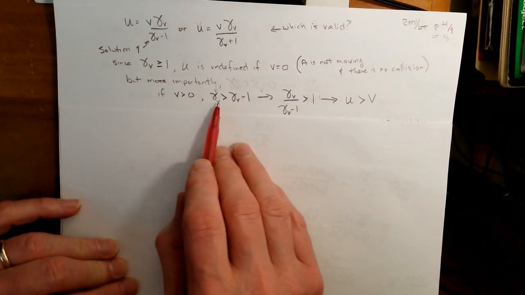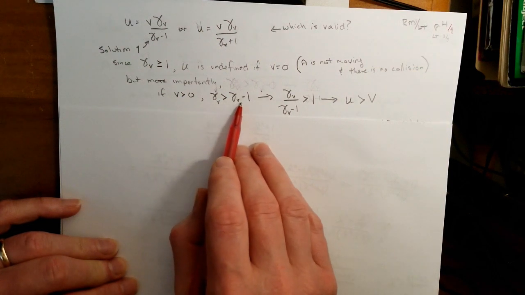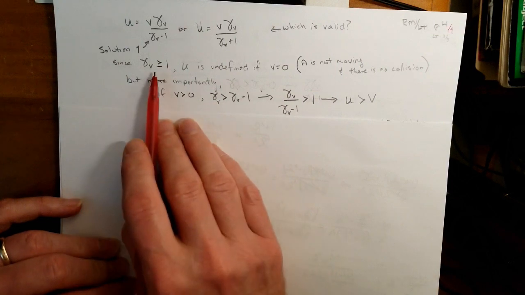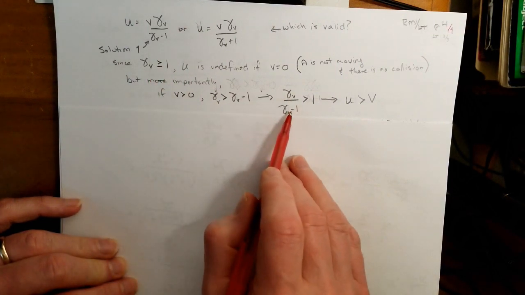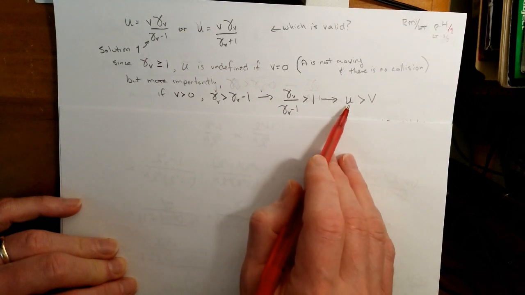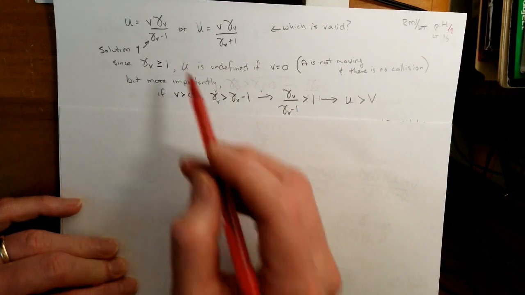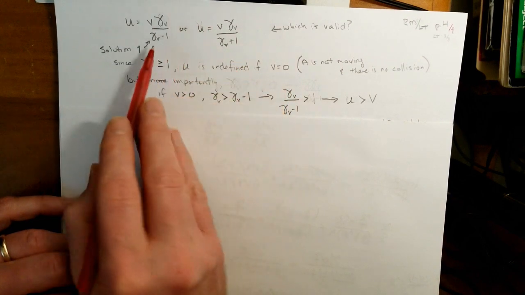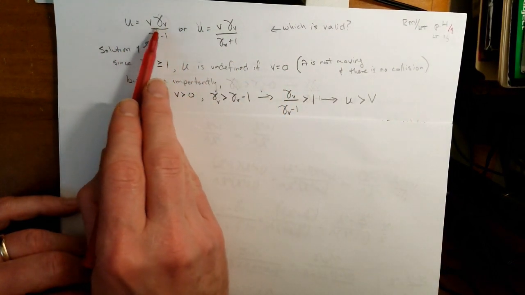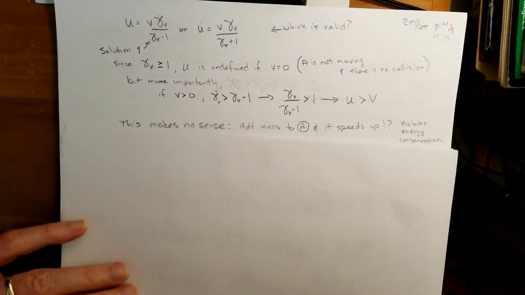If v is greater than 0, then gamma sub v is greater than gamma sub v minus 1, because gamma sub v is greater than or equal to 1, which means that gamma sub v over gamma sub v minus 1 is greater than 1, which means that u is greater than v, because we have this expression right here, which is greater than 1, so u would be v times something bigger than 1.